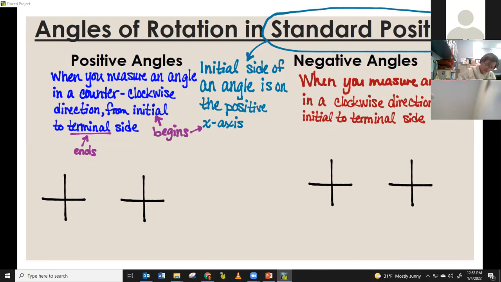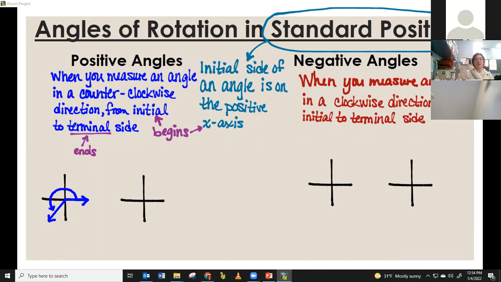So for my positive angles, our initial side, positive x-axis. There's the initial side of my angle. I'm going to go in a counterclockwise direction until I reach the terminal side.